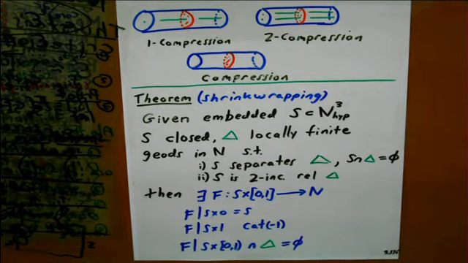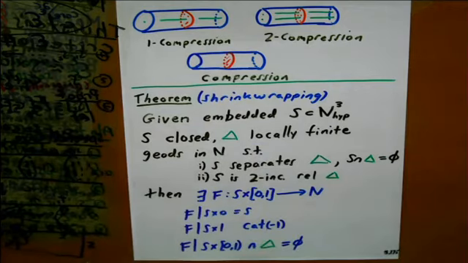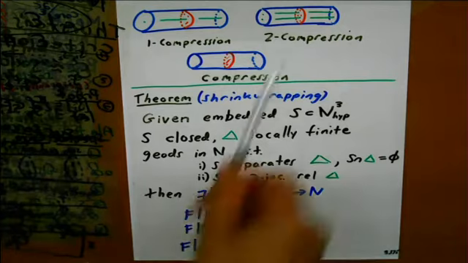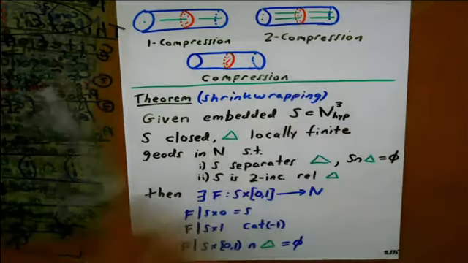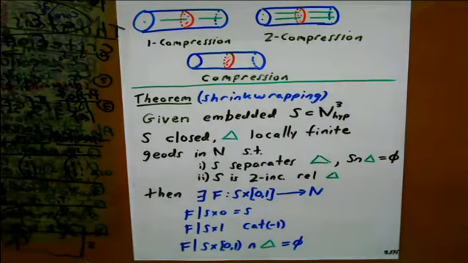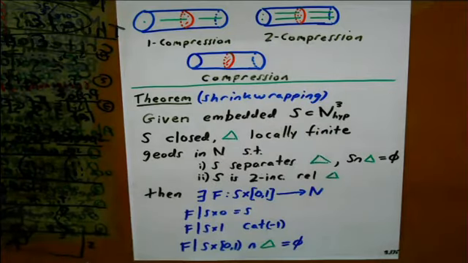Now here, you're dealing with surfaces in handle bodies, so everything's compressible. But on the other hand, you're shrink wrapping. So the thing is that if every compressible curve intersects every geodesic at least twice, that's what I call too incompressible.